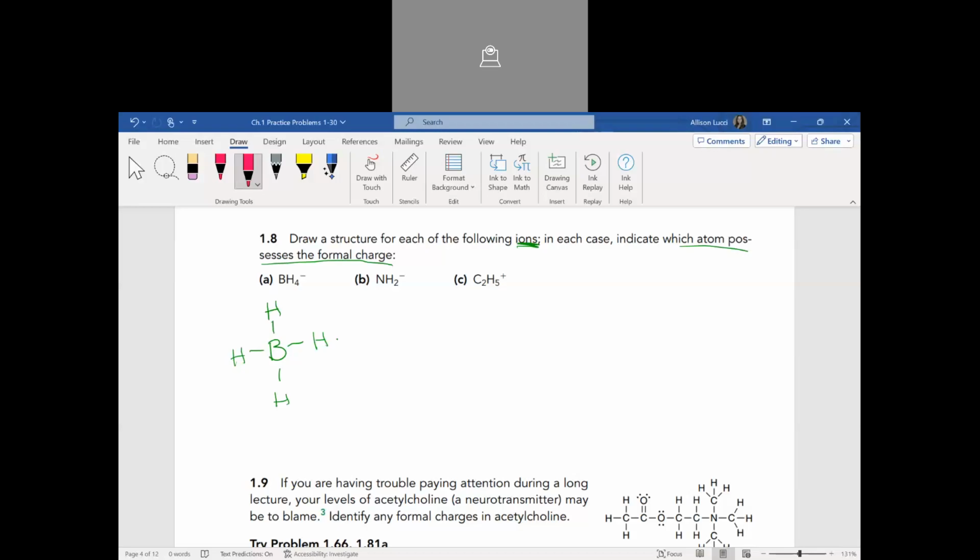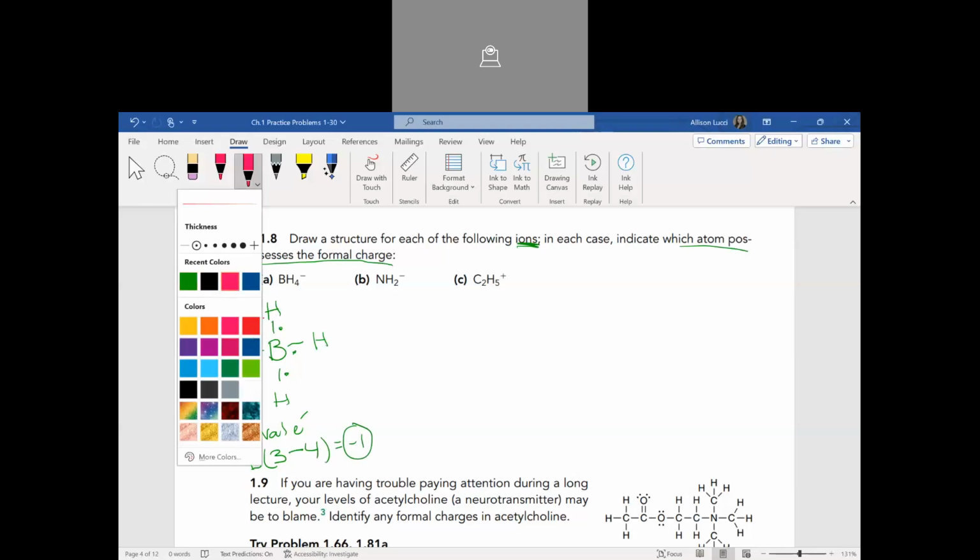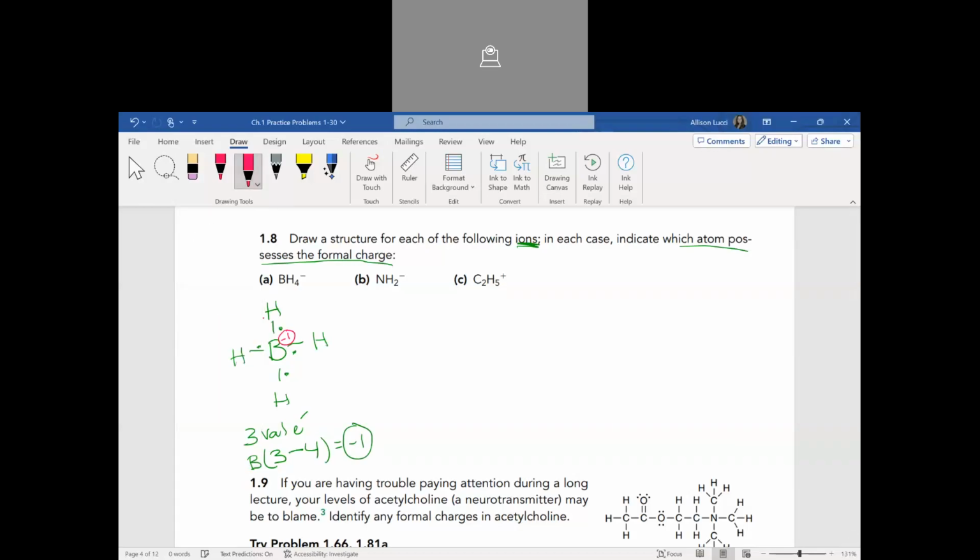Boron is in group 3, so it normally would have 3 valence electrons to be neutral. So we'll do our calculation for boron's formal charge. 3 minus 1 electron from each of these 4 covalent bonds would show us that boron would have that -1 formal charge on the boron.